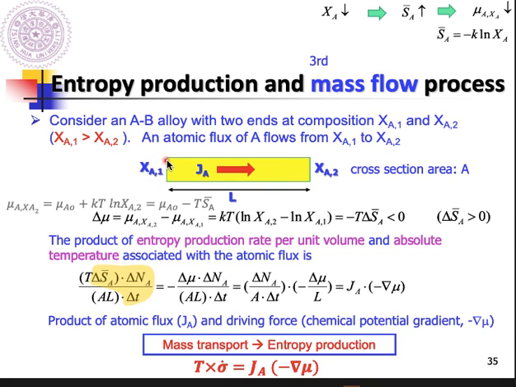And the atoms with higher chemical potential energy will be pushed toward the location with lower chemical potential, right? Okay, so this diffusion or mass transport will lead to entropy production. As long as you know the atomic flux and the chemical potential gradient, and divide by T, you can calculate the entropy production rate per volume.